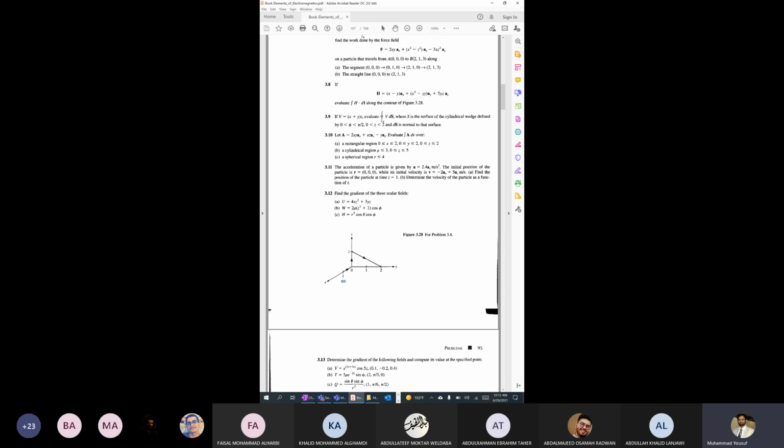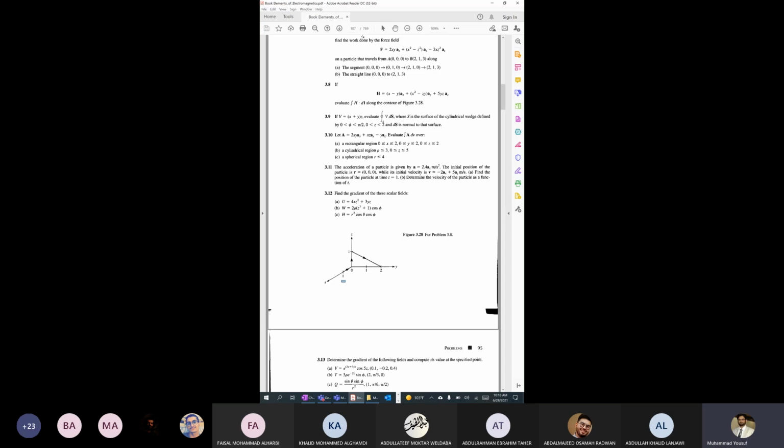Evaluate A dV. The volume element dV is given to you. Now, how to do this one?